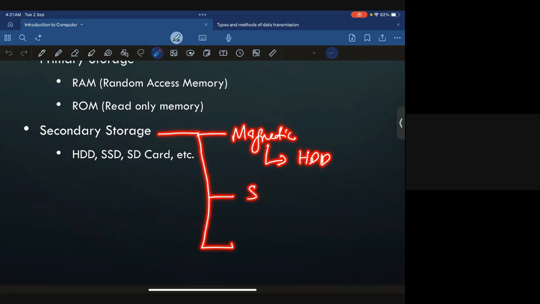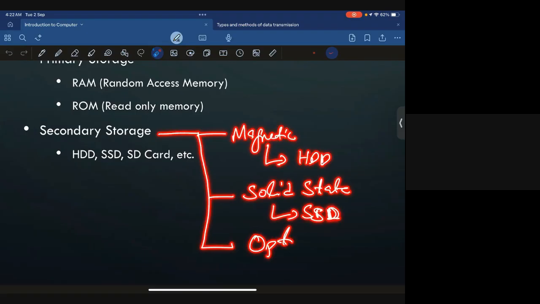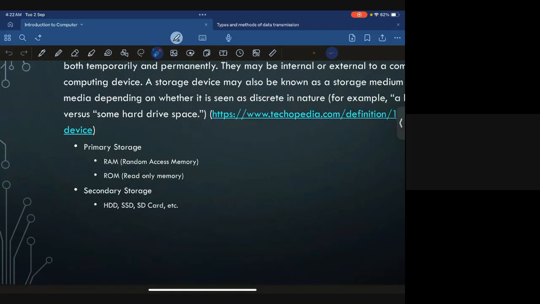Then we have the next technology, known as solid state technology. One perfect example is SSD drives, SD cards, flash cards, and so on. The third technology is optical storage. For optical storage, we have the CD, the DVD, the Blu-ray, and so on. So the secondary storage that we store data in is categorized based on the technologies rather than just the devices.